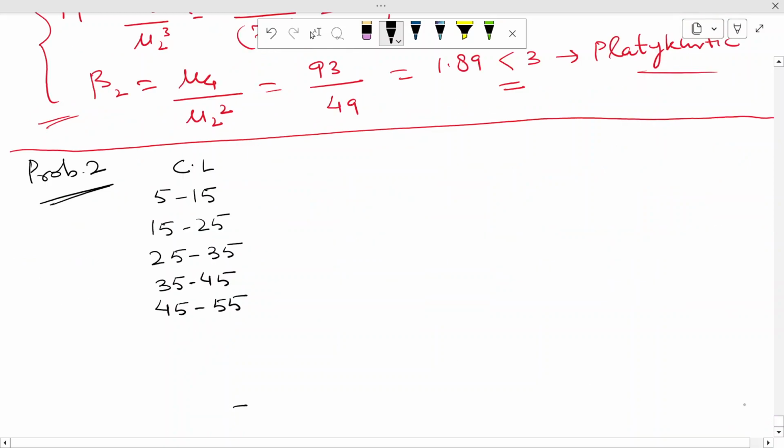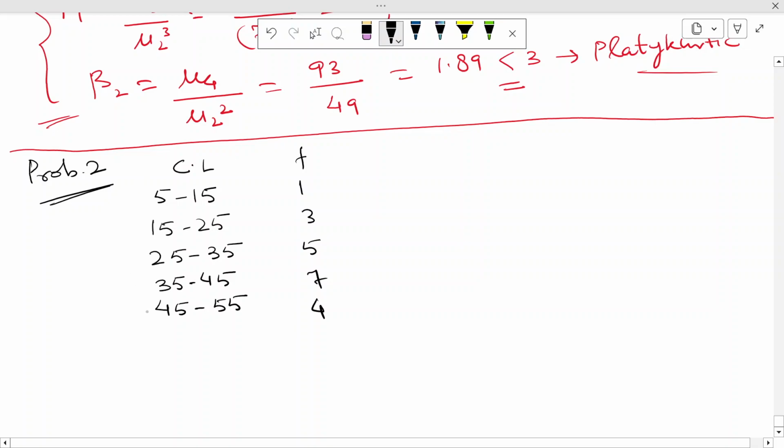We are also provided with the frequencies. Our frequencies for these class intervals are 1, 3, 5, 7, and lastly 4.